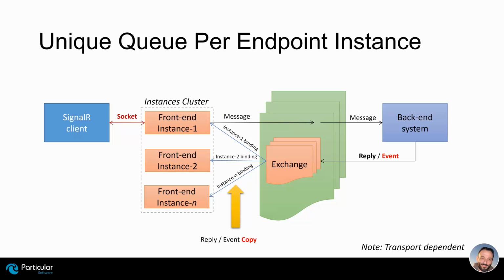So what the exchange does for us is that the incoming message from the backend system will be replicated, as in the previous sample using the backplane, to all the front-end instances. And once again, one of the front-ends will be the one that successfully handles the message because the socket client is connected to that specific instance.